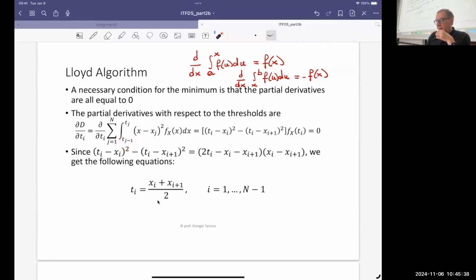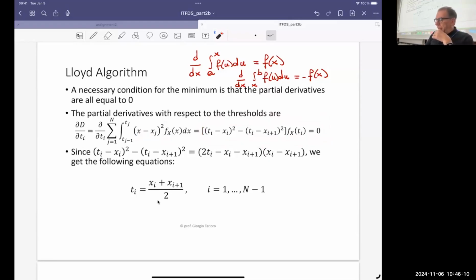And in that case, it contributes to the derivative with minus ti minus xi plus 1 squared times the probability density function of ti. That is exactly the product of these two terms. This difference must be equal to 0, okay?